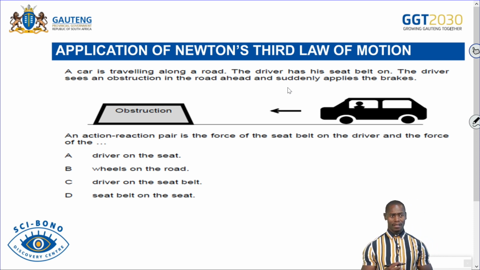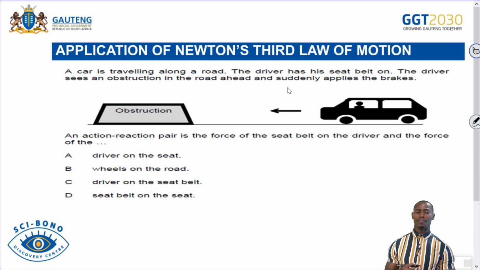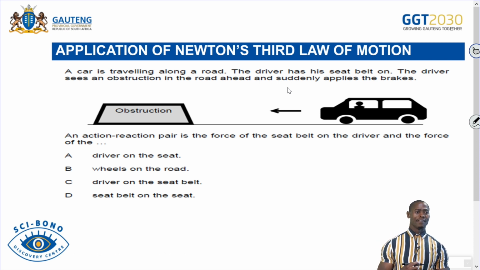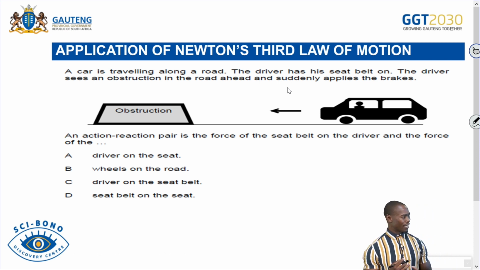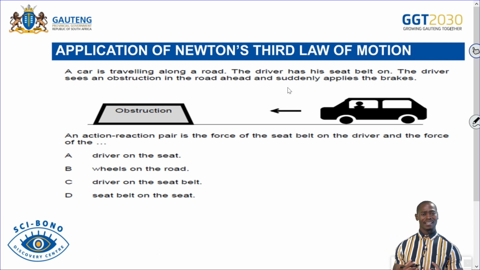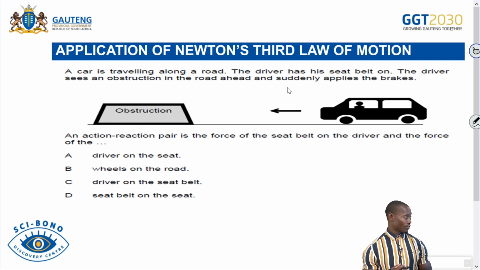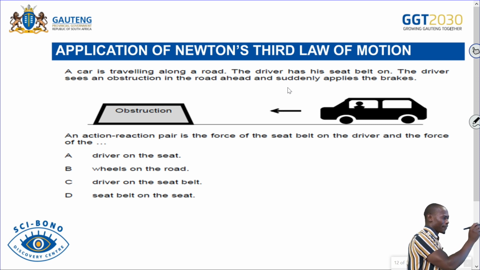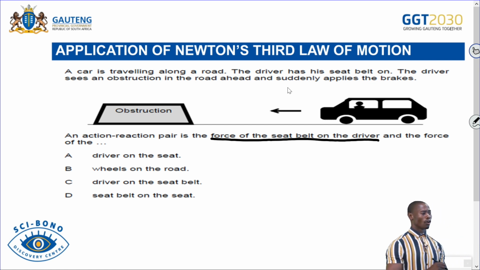So they want us to find the action-reaction pair of forces. The first one is the force of the seat belt on the driver.